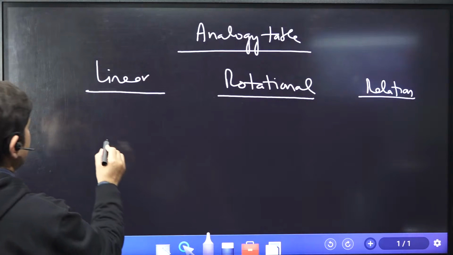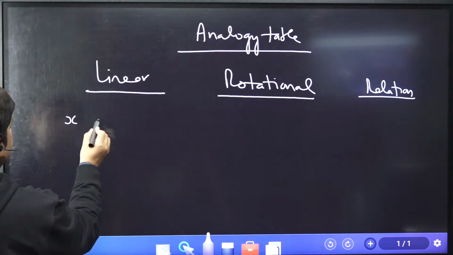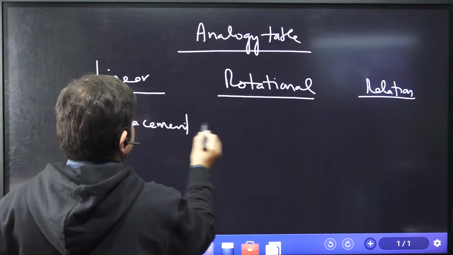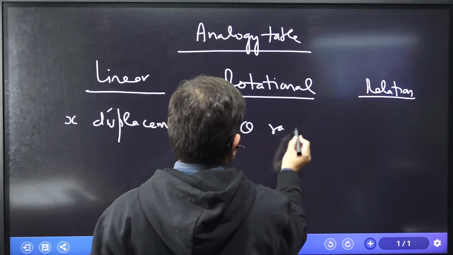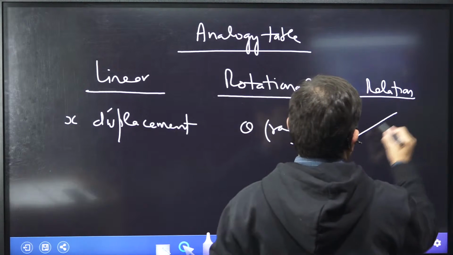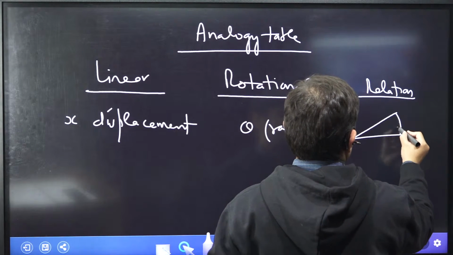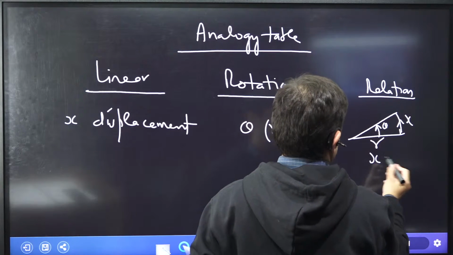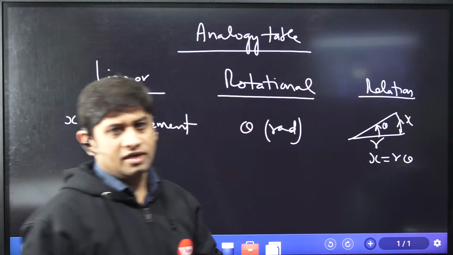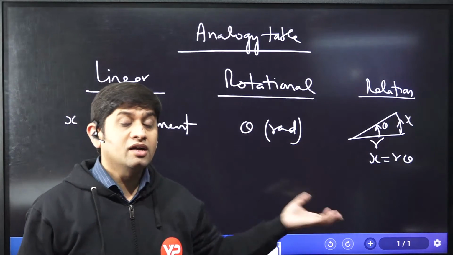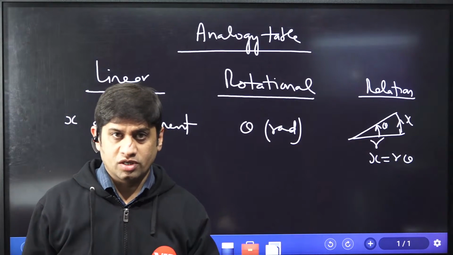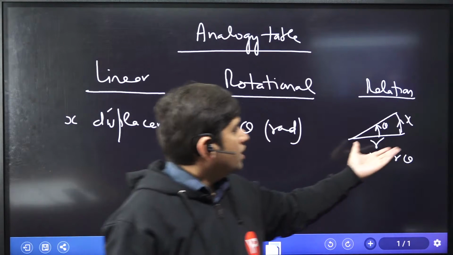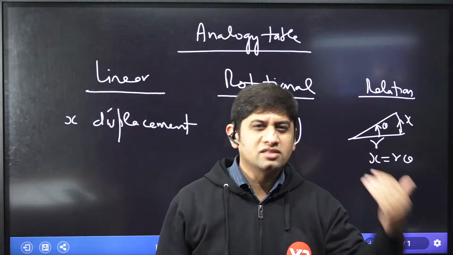Let me tell you where the link comes from. In linear motion, x is the displacement, and theta is the angular displacement, which is measured in radians. The distance traveled is x, and x is equal to r theta. This is the link between linear motion and rotational motion: linear displacement in meters, rotational displacement in radians, and x is equal to r theta.